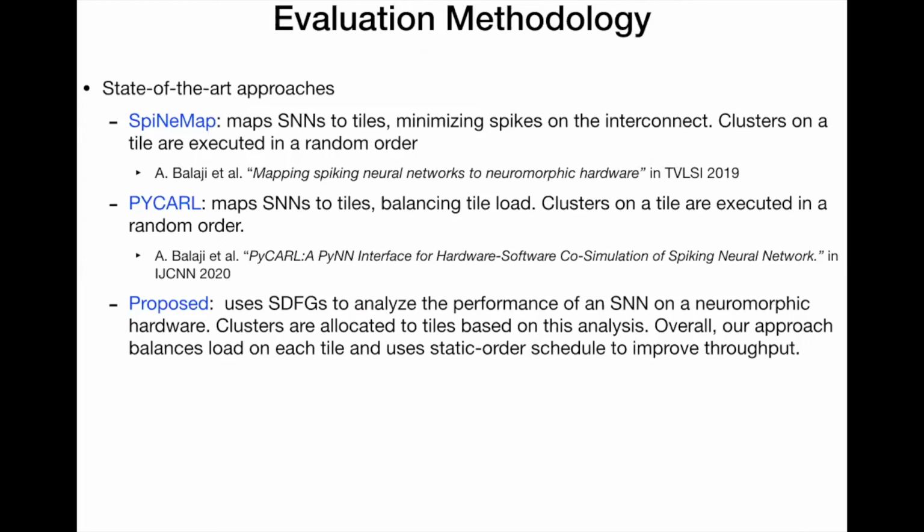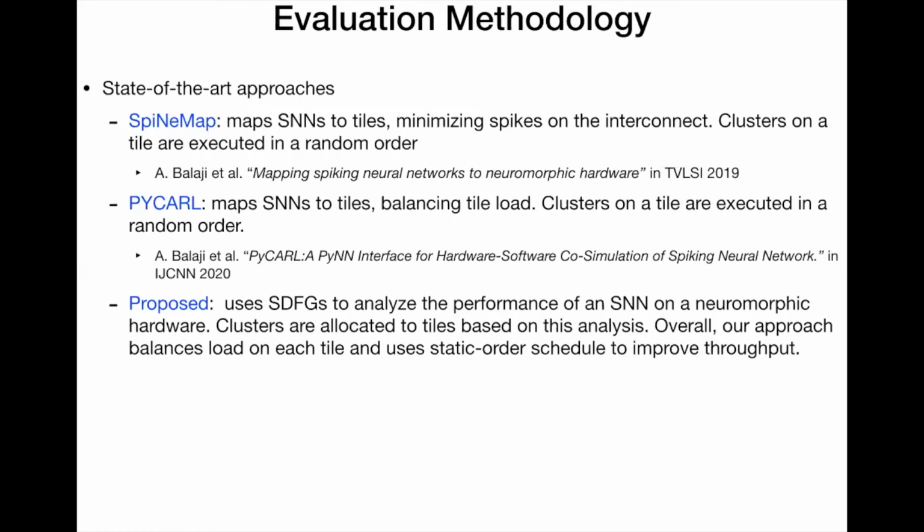We also compared our approach against PyCARL, which is the approach published in IJCNN 2020. This technique balances the tile load, which means that the clusters are distributed evenly onto the different tiles. However, if more than one cluster is mapped to a tile, then the clusters are executed in a random order.